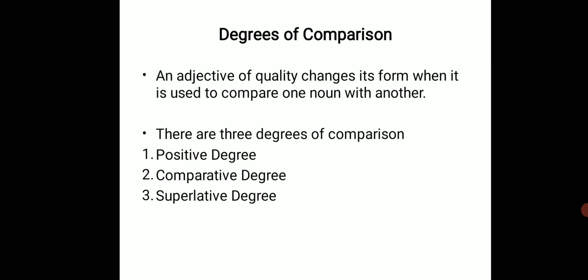So, an adjective of quality changes its form when it is used to compare one noun with another, or one object with another. So what changes in all these three degrees is the adjective. You may know adjective is a part of speech that qualifies a noun on the grounds of quality or quantity.